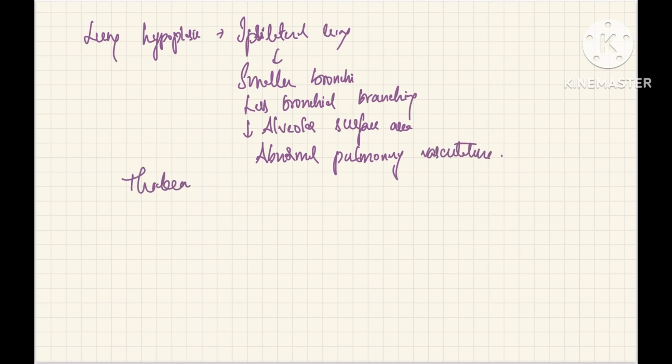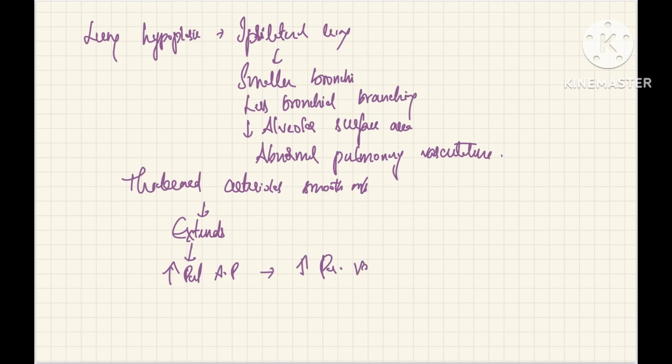Thickened arteriolar smooth muscle extends to the capillary level of alveoli, which causes increased pulmonary arterial pressure, which causes increased pulmonary vascular resistance and pulmonary hypertension. This increased pulmonary arterial pressure causes right to left shunting.